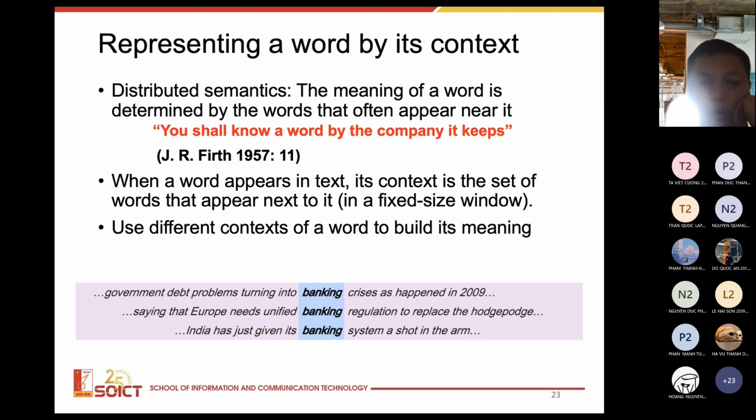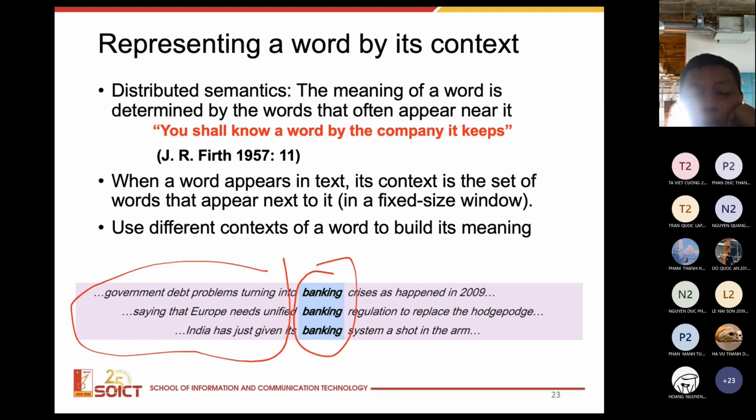The word context is the surrounding of the word in every sentence, every paragraph where we find the word. For example, here we discuss the word banking, and the words around it on the left side and on the right side are the words in the context of banking, right?